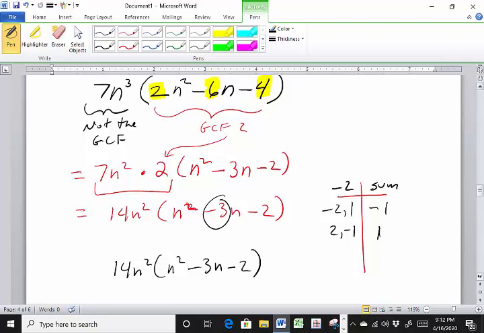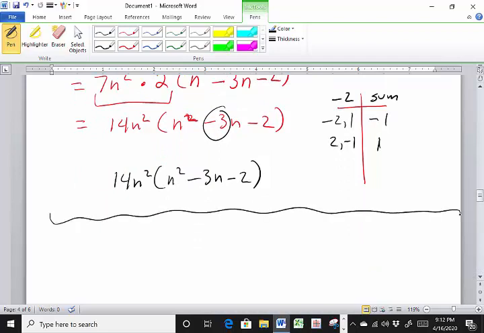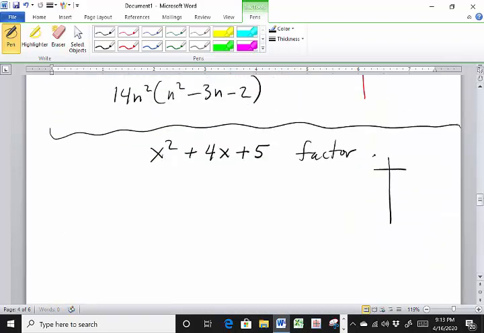Alright. Now, if you end up with a problem, let's say it's x squared plus 4x plus 5, and you want to factor this. Okay? Well, you'd start out the same way you've always done. Here's our 5, then the sum. So this can only be 1 and 5, right? So this is going to be 6.